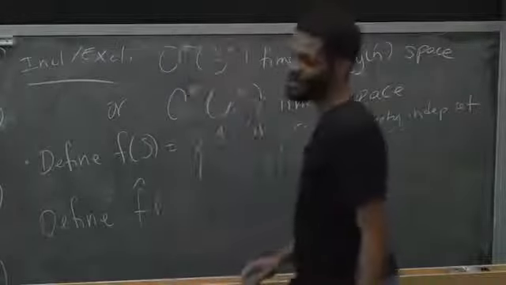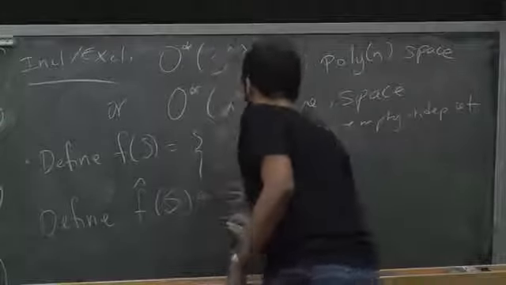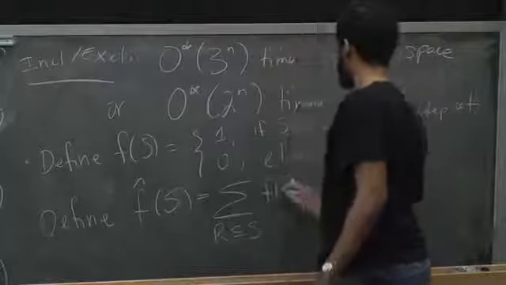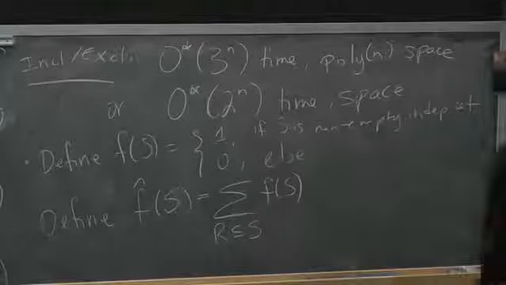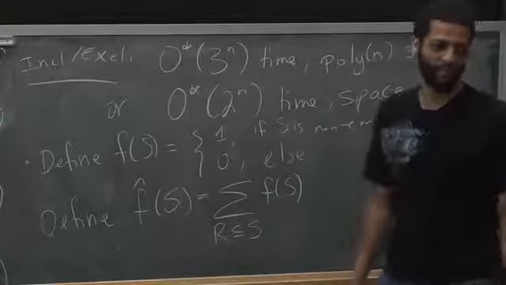I think it's Fourier transform, except it's not. F hat of S to be the sum over all R subset or equal to S of f of R. It just counts how many subsets of S are non-empty independent sets.